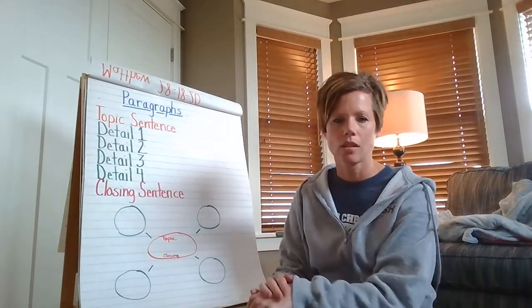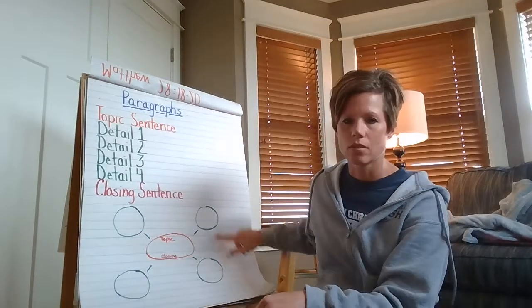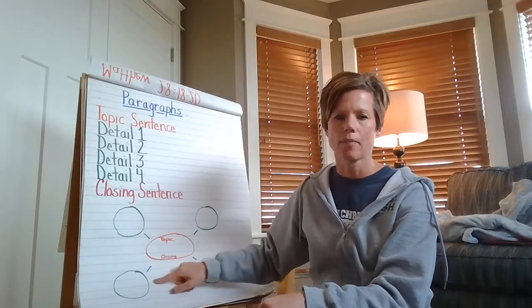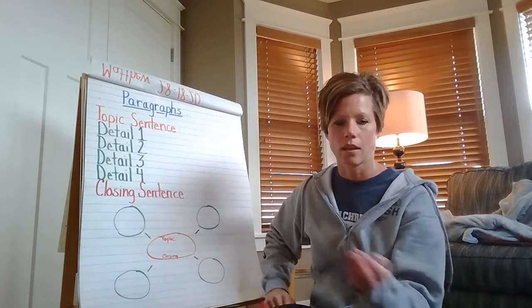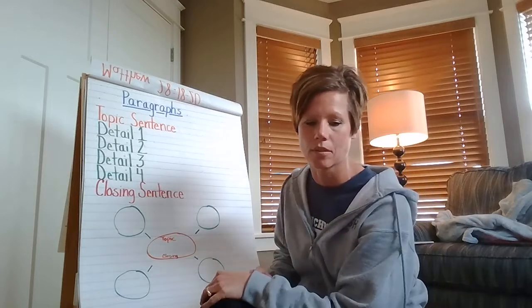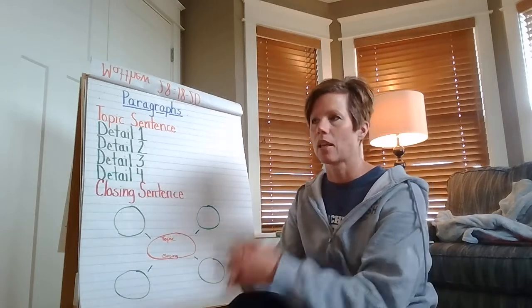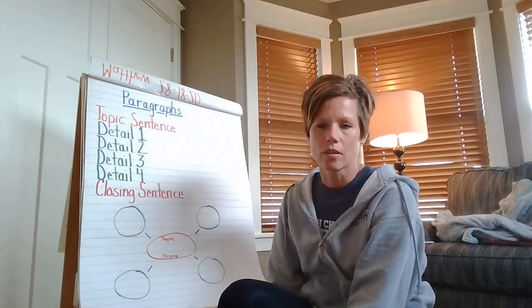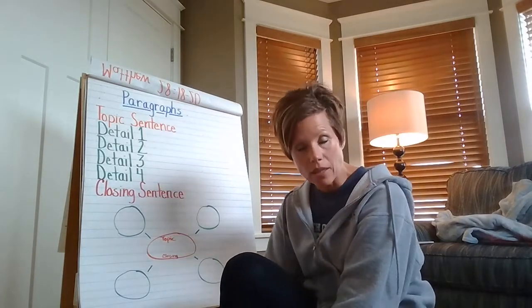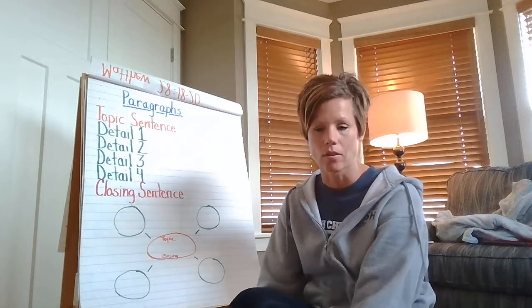Now, on your sheet, you're going to see a grid just like this, okay? I want you to work through one with me first, and then I'll let you know what your assignment is, okay? So I was thinking, what should I write a paragraph about? Well, for starters, let's write paragraphs about things that we know about, okay?